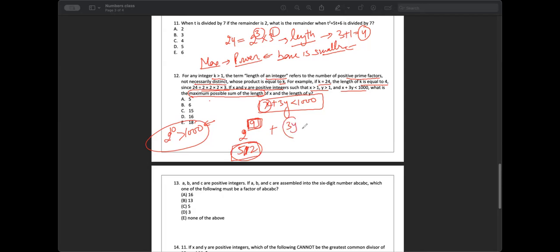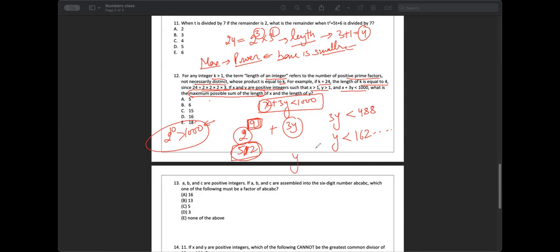So 3y should be less than what? 488, because the sum has to be less than 1000. Or y has to be less than 162 something.